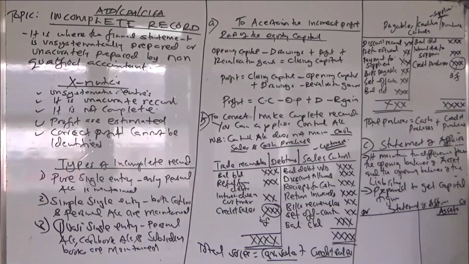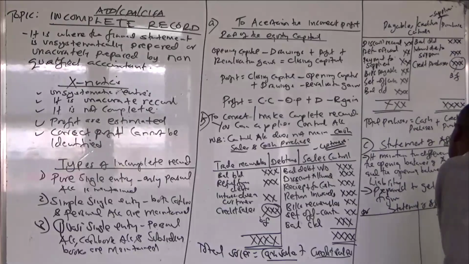As an example, if a subscription is in arrears it is an asset; if a subscription is in advance it is a liability. So all assets like bank.